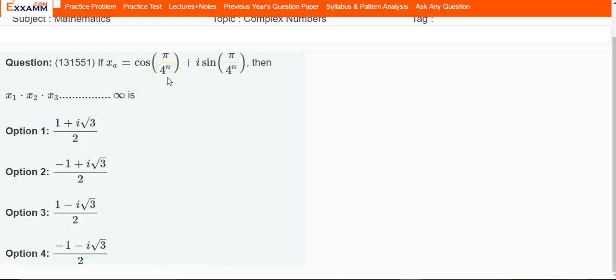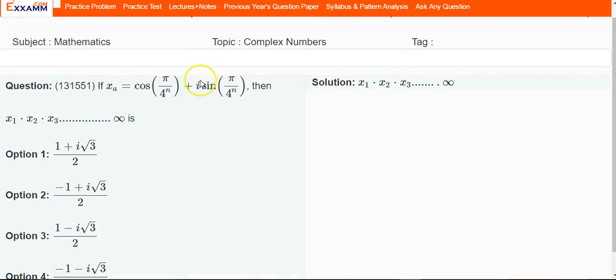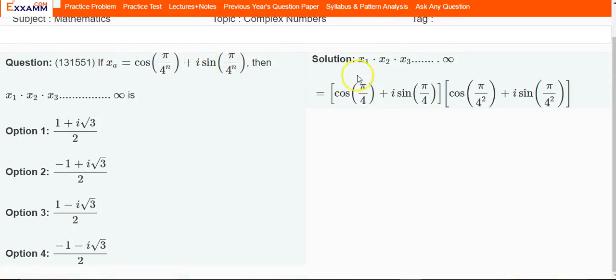We can simply write it as (cos pi by 4 plus i sin pi by 4) multiplied by (cos pi by 4 plus i sin pi by 4) squared, multiplied by (cos pi by 4 plus i sin pi by 4) cubed, up to infinity.